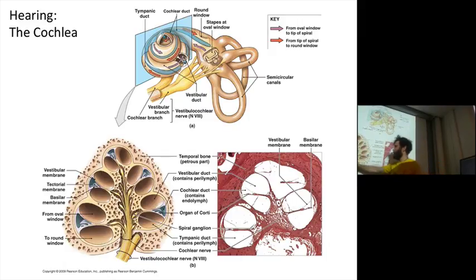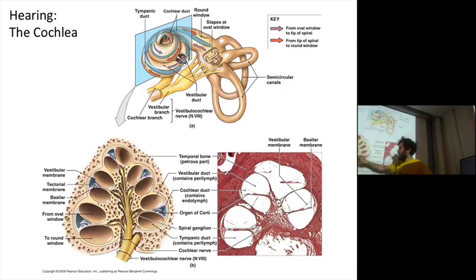In between the two of them, we have this cochlear duct here. The cochlear duct is where the hearing organ is, and that hearing organ is called the organ of Corti right here. We're going to see it in much more detail in a moment, but there are these ganglionic cells that have sensory neurons that project up to these organs of Corti in the cochlear duct.